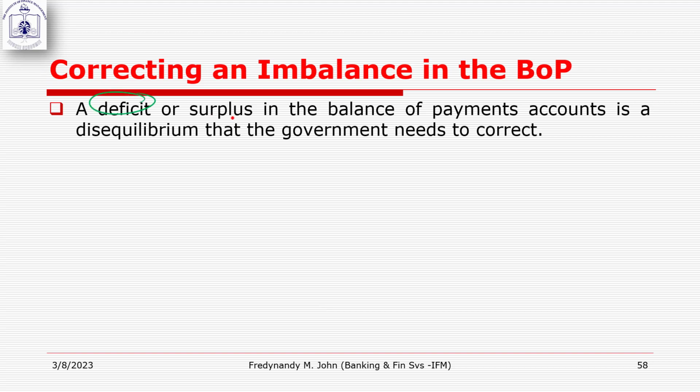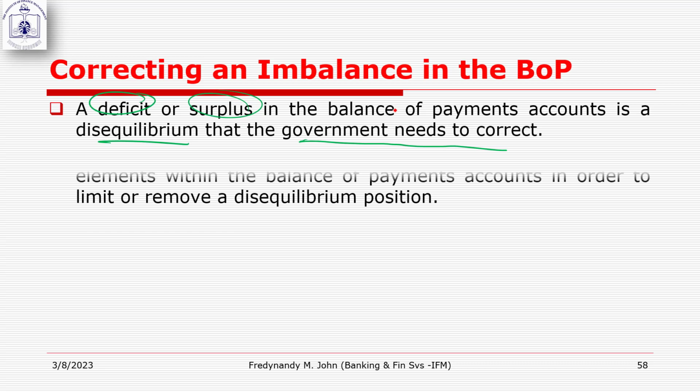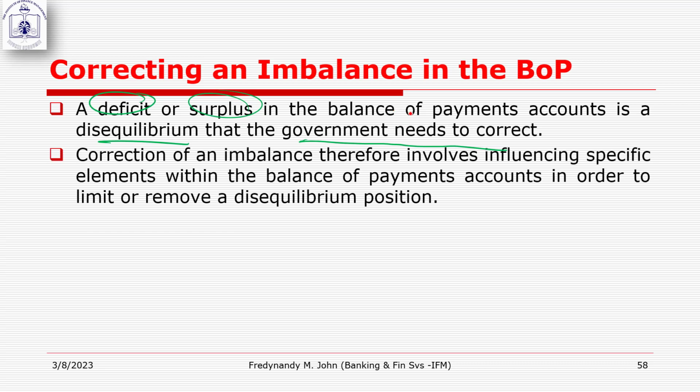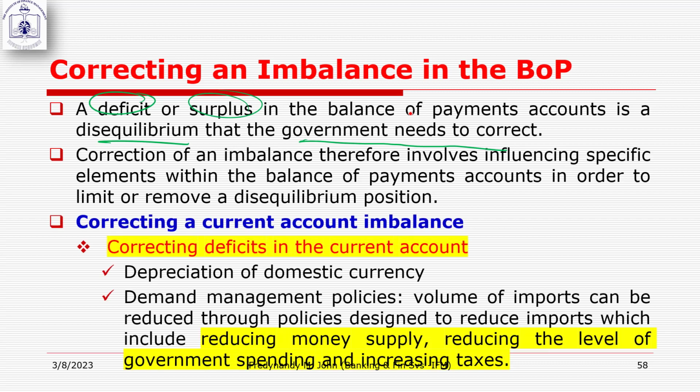So, if there is a disequilibrium, the government ought to respond. Correction of an imbalance, therefore, involves influencing specific elements within the balance of payments account in order to limit or remove the disequilibrium position.